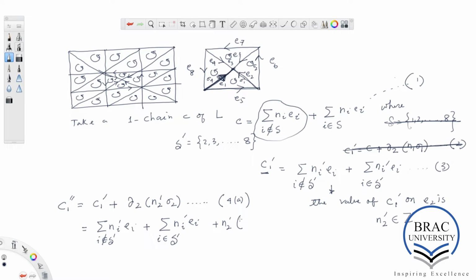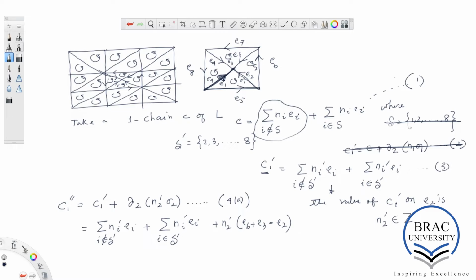Now look at this figure, and when I apply the boundary operator del 2 on this 2 simplex, well, not 2 simplex, it's actually elementary 2 chain, right? Sigma 2. Then I get N2 prime E6 plus E3 minus E2.